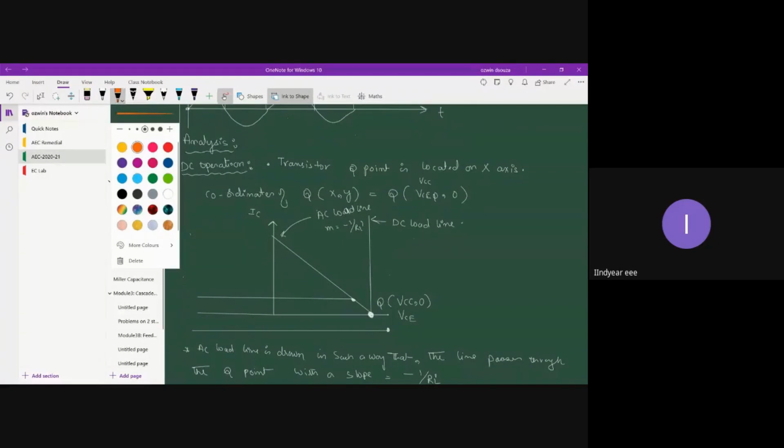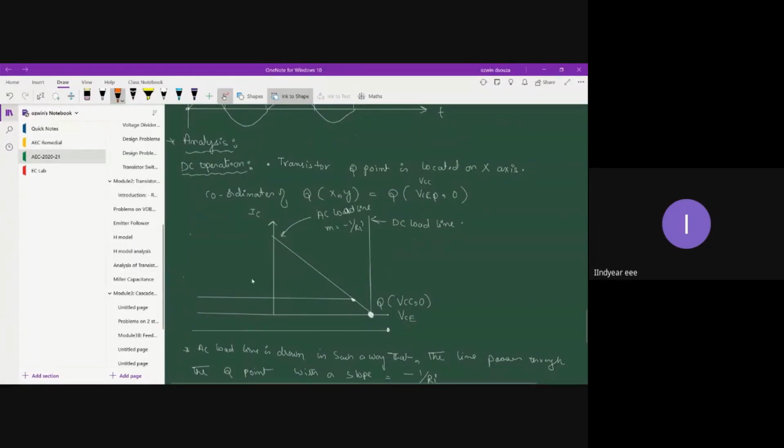Just observe how I am going to draw. This is your origin, so I'll mark the origin with a point O. The region above the Q point is the positive going signal, and hence you will have the flow of collector current for that region.